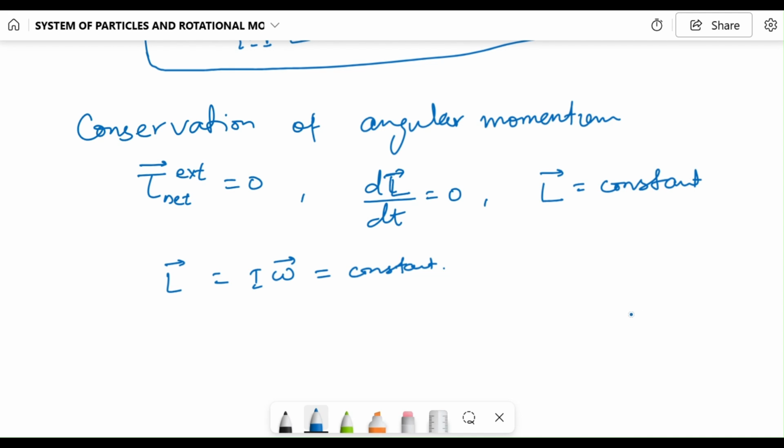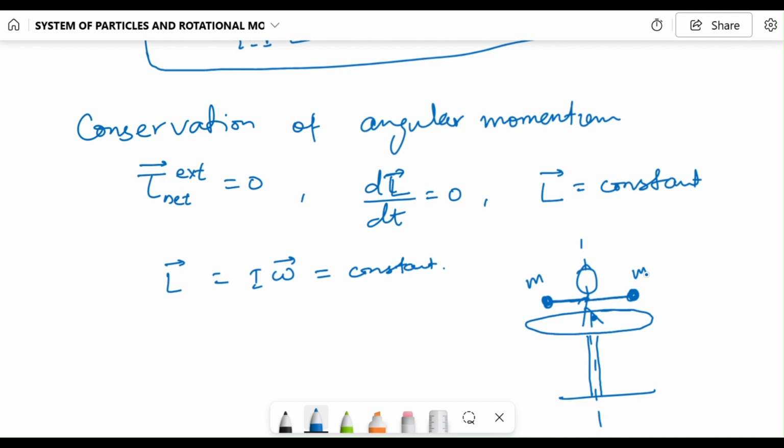You might have seen such experiments where a person is sitting on a revolving table. Let's say this is a revolving table which can revolve about this axis, or maybe its top can rotate about this axis, and a person is sitting or standing on this table, holding two equal masses, a kind of dumbbell. It may be any mass.